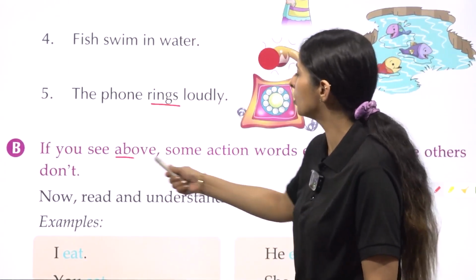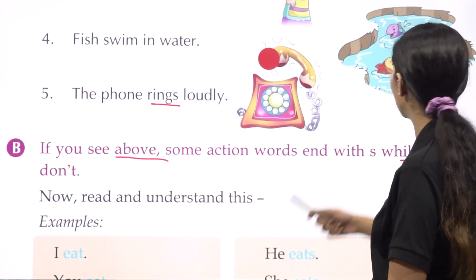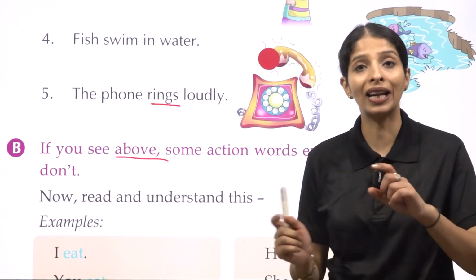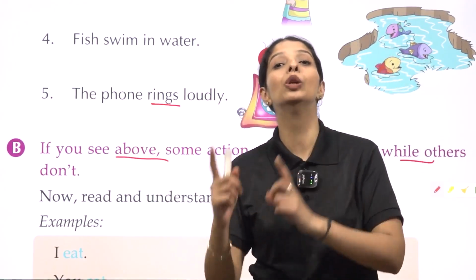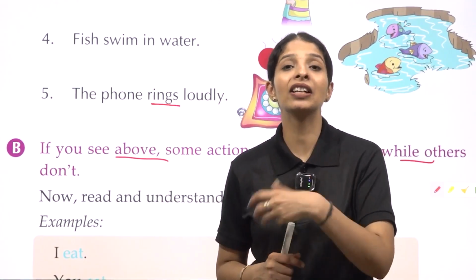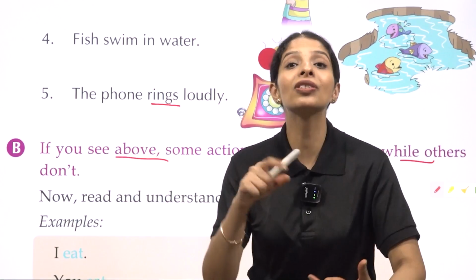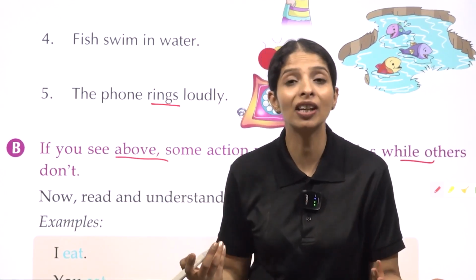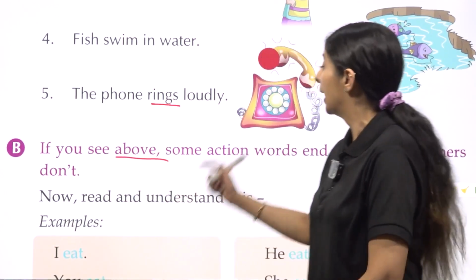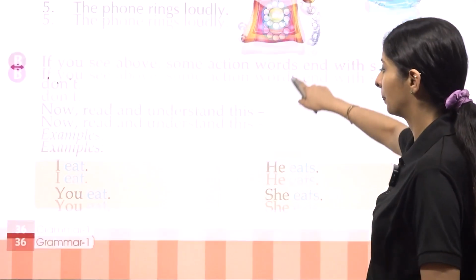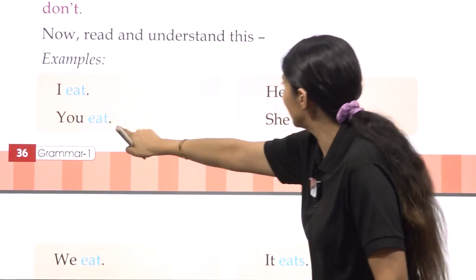Now next is, if you see above, some action words end with S, while others don't. So that is the singular concept and plural concept. In some sentences I use reads. In some others I use read. So why such a difference? Now read and understand this. I eat.